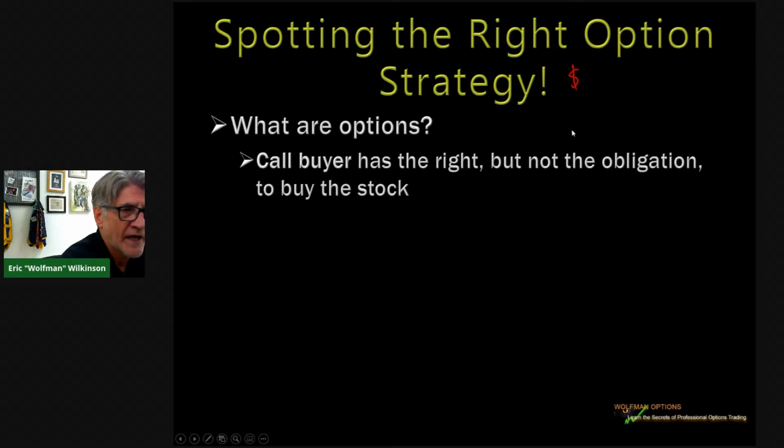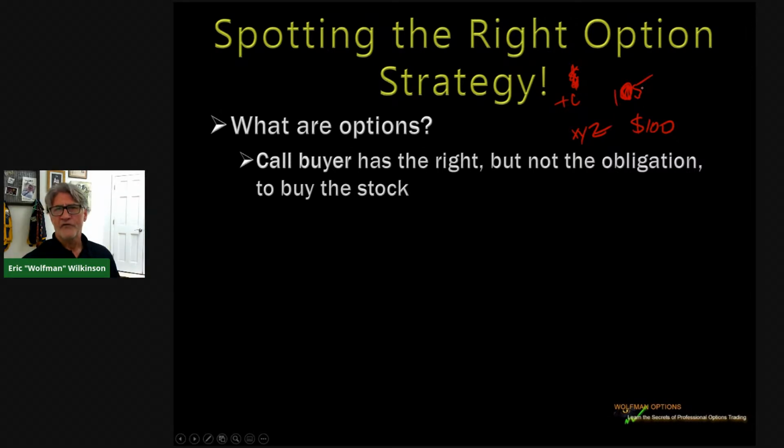So if we're looking at XYZ stock, let's just say it's trading at $100, okay? And let's just say I buy a call up here at the 105 level. I buy a 105 call. So I pay, let's just say $1 for that. That dollar's gone.